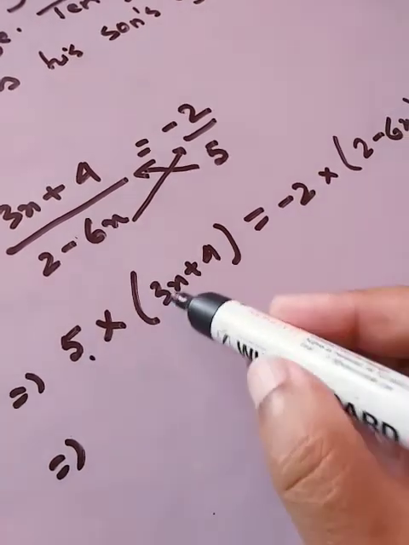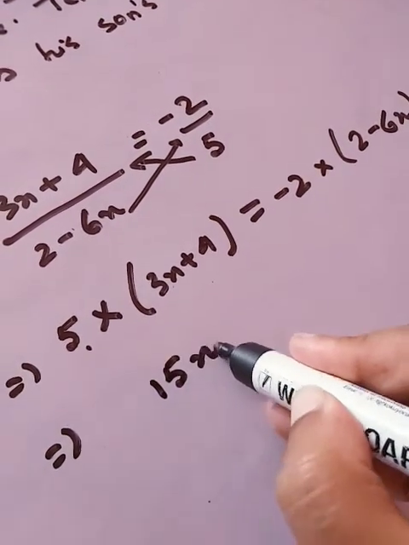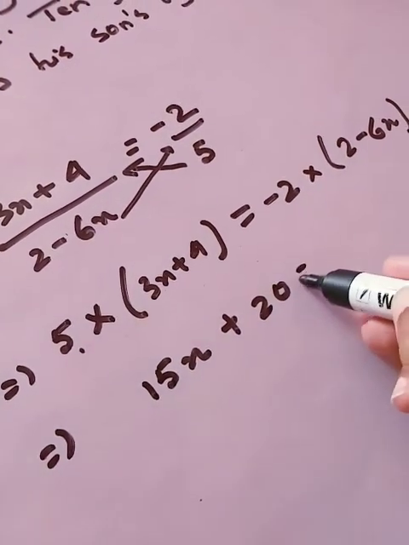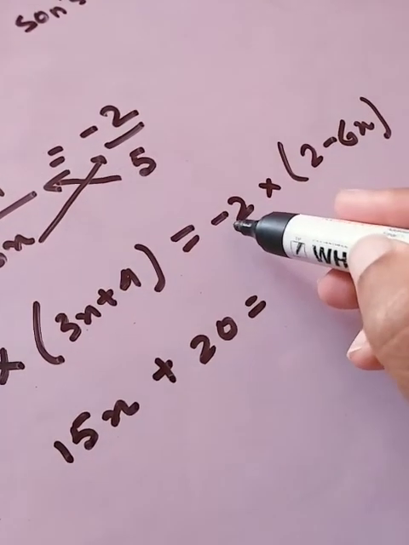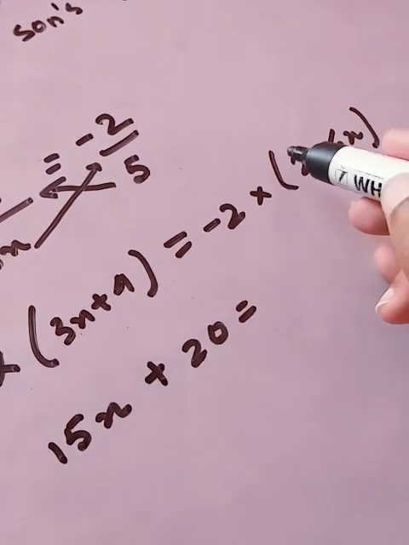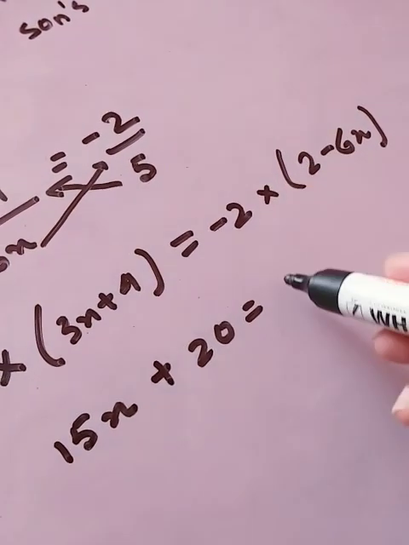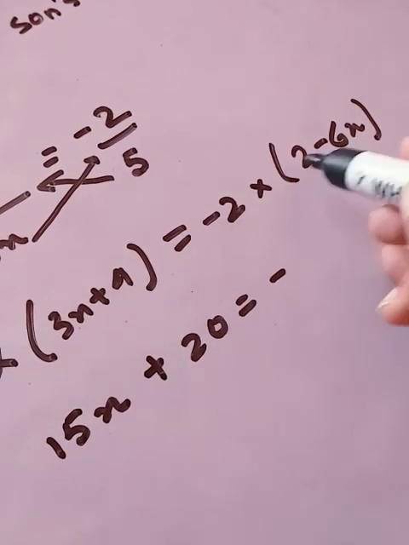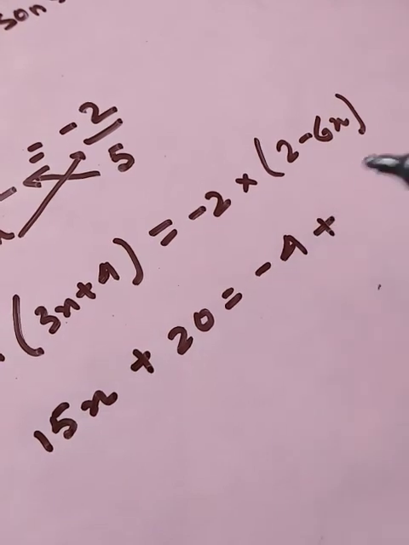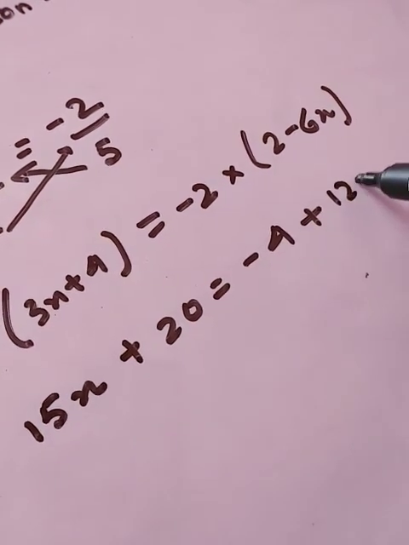That is, 5 into 3x is 15x, plus is plus, 5 4s are 20. Now be careful, there is a minus sign here. Minus plus, since this 2 is carrying plus, so minus plus is minus, 2 2s are 4. Again minus plus, 2 6s are 12x.